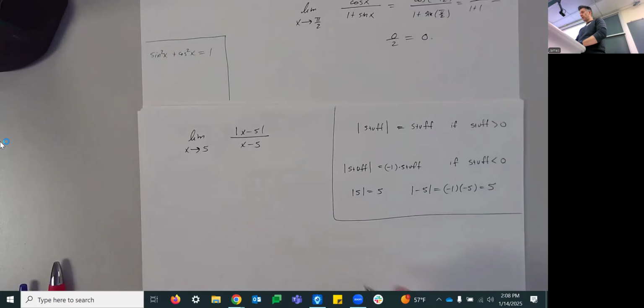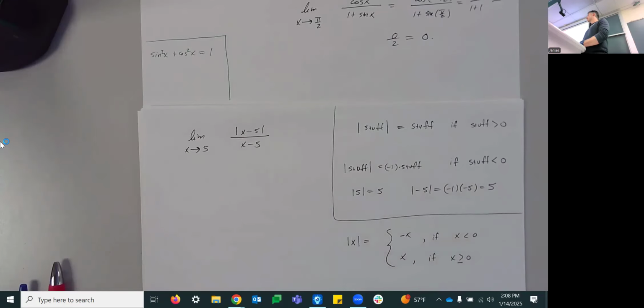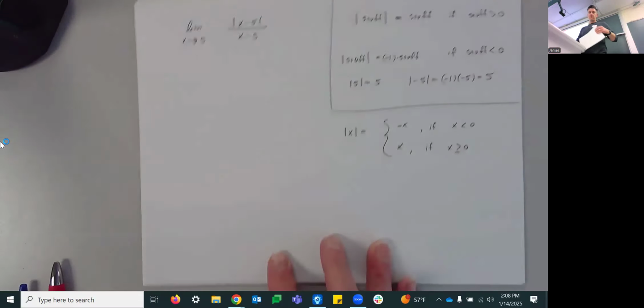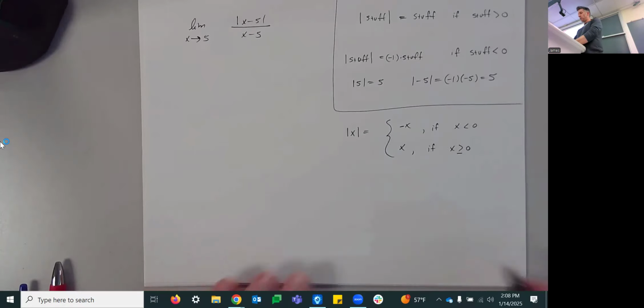So here's the piecewise function that the absolute value function is masquerading as. It's just x if x is already positive, and it's -x if x is already negative. And then you can put the equals part wherever you want. And graphically, you probably have seen this before.